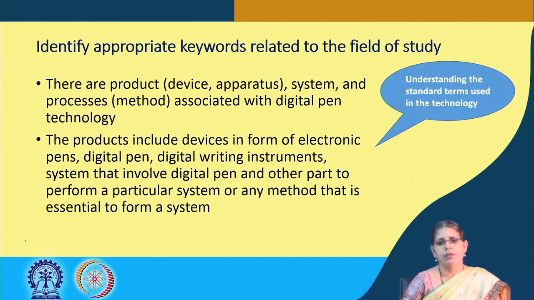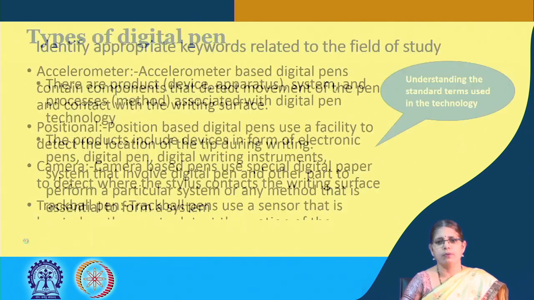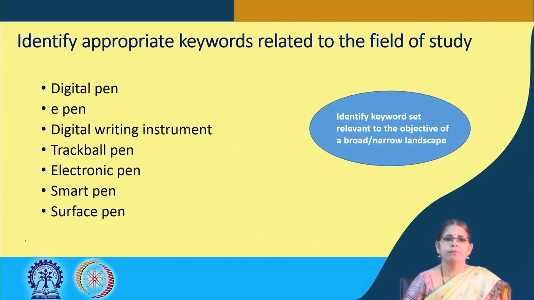So it is not only important to understand the value in relation to digital pens, it is also important to know what are the standard terms used in this particular technology. So based on that, one can assemble a series of keywords in relation to the digital pen.